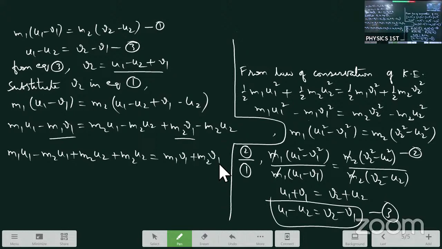I repeat what I did here. See this value I kept there, this value here and this value also here. Only V1 values are here.